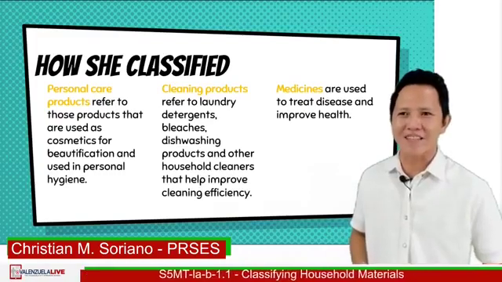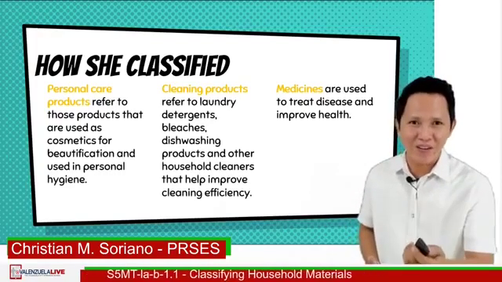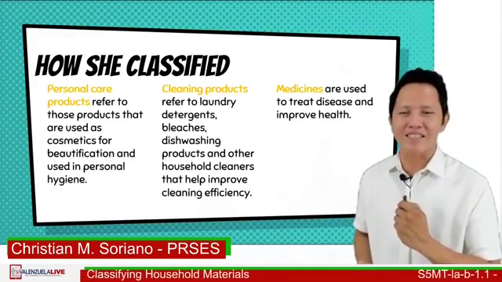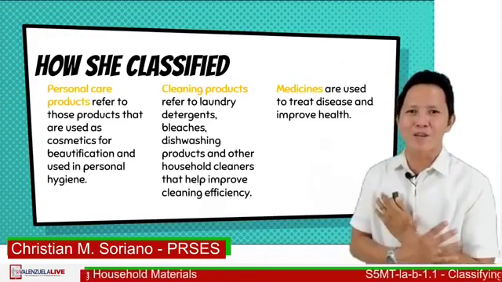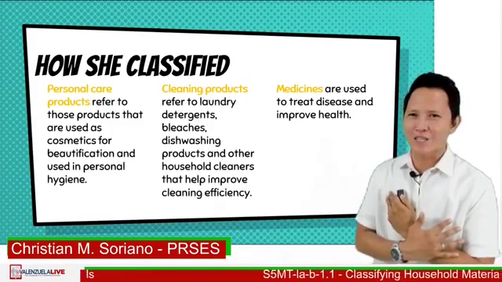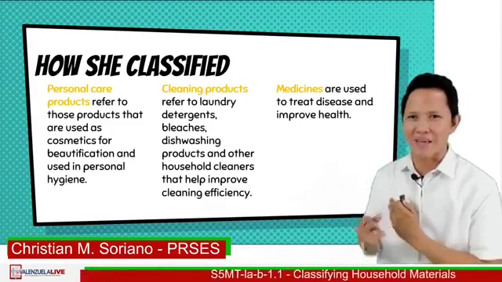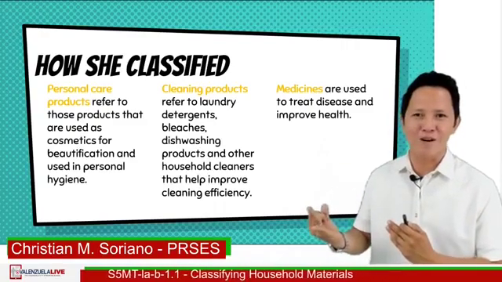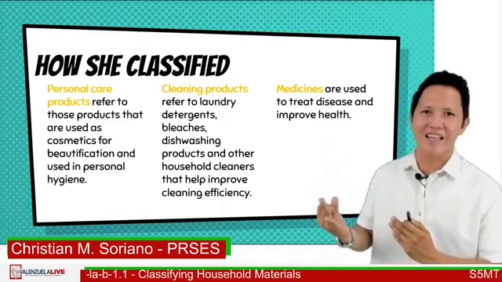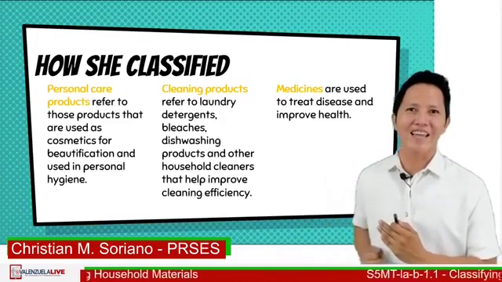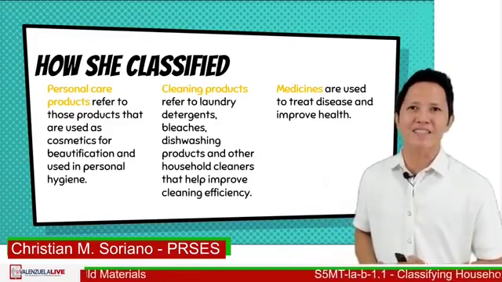These are products that can be used to beautify you and me, or all the products that can be used for personal hygiene. These products include, let's say, toothpaste. What else? Powder or face powder. And it can be a perfume. All right?